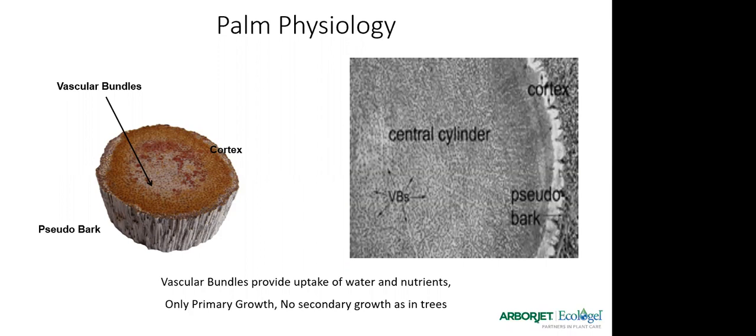So whenever we're doing an application into a palm tree, we have to get the chemical into a vascular bundle. Do we have to get it into all of the vascular bundles? No, because they're all going to the same location. We're not trying to get the same kind of even distribution like we do on trees. So we really only need one injection site to deliver the chemical into the tree.